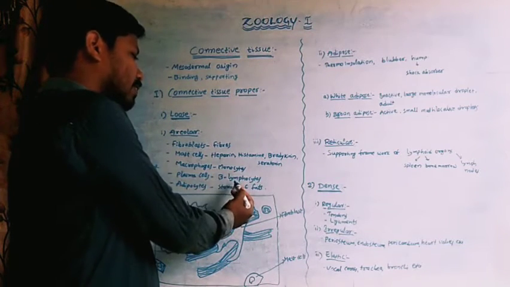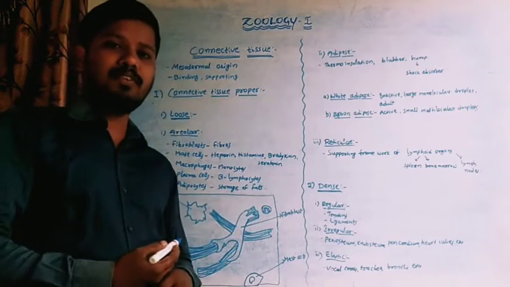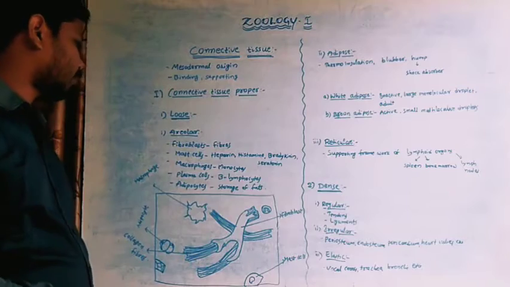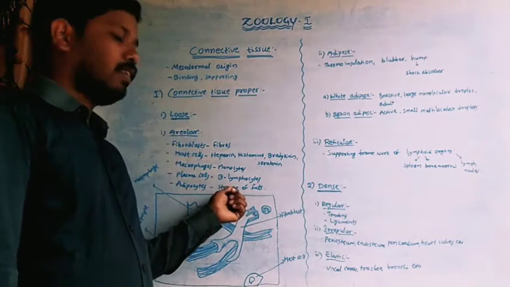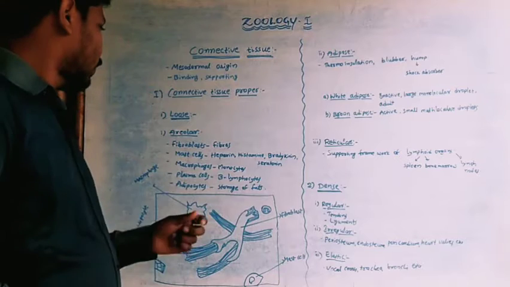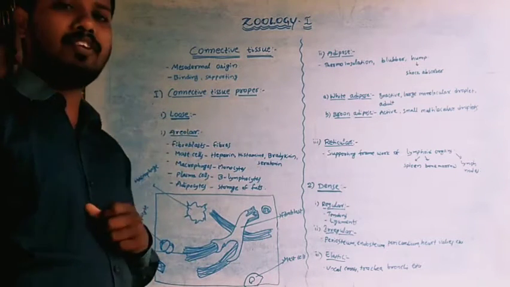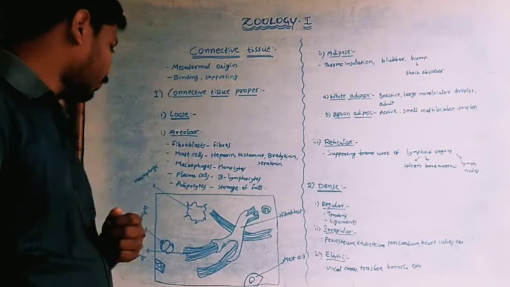Adipocytes are the fat storage cells. So these different types of cells constitute areolar loose connective tissue.